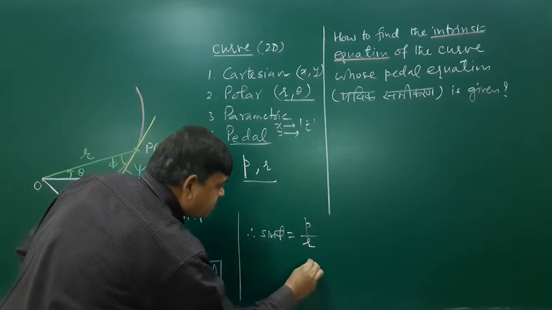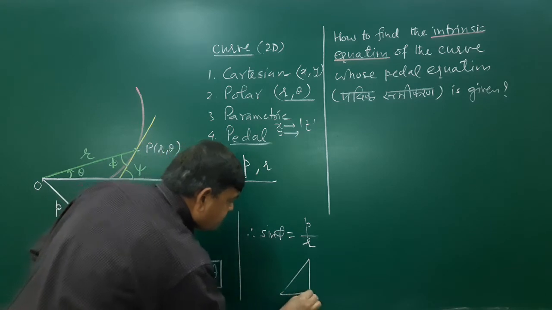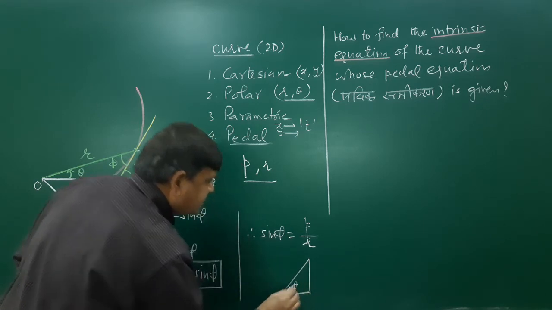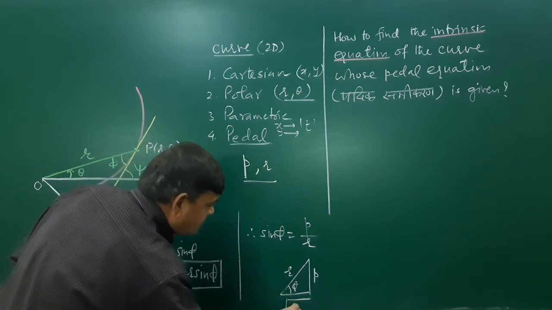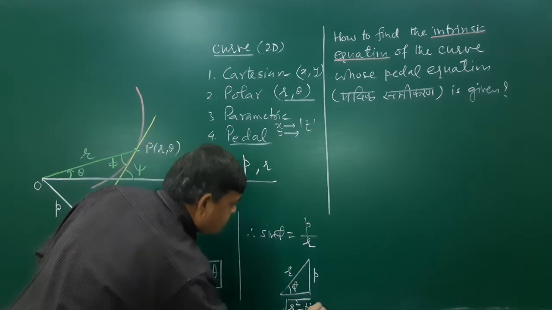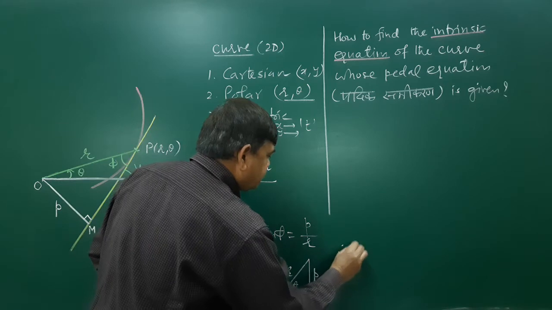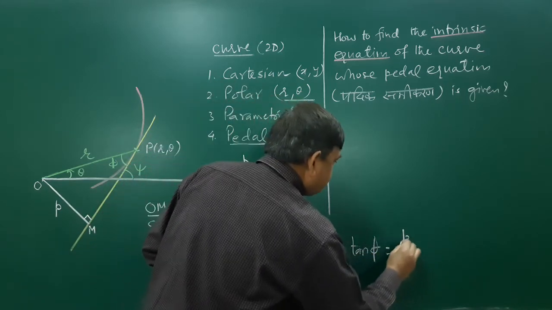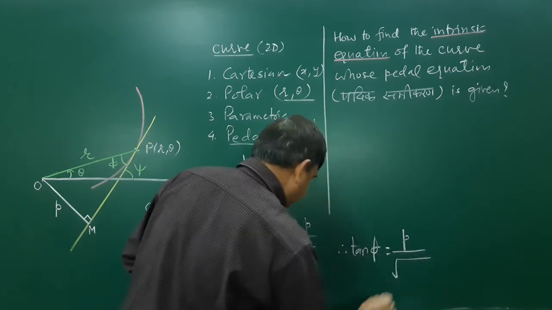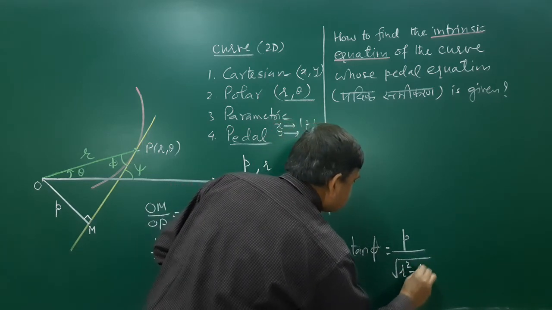So this is angle phi, this is p, this is r, this is under root of r square minus p square. Therefore, tan phi is p upon under root of r square minus p square.